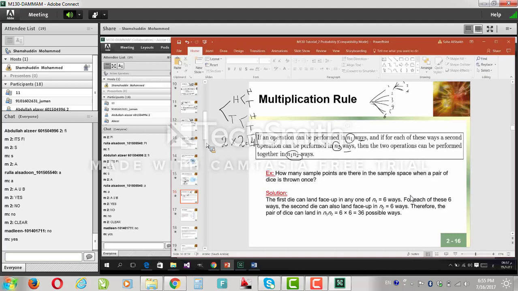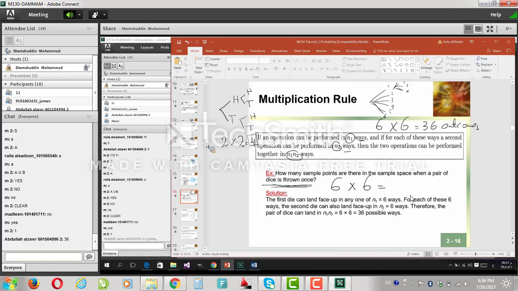So we have 6 multiply 6, we have 36. Do you remember? So this is what we call the multiplication rule. Example: how many sample points are there in a sample space when a pair of dice is rolled? A pair of dice, we say we have a 6 times first and a 6 times in the second time, so it is 36. It's clear now?